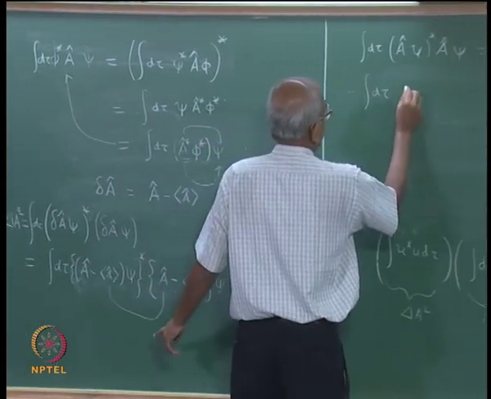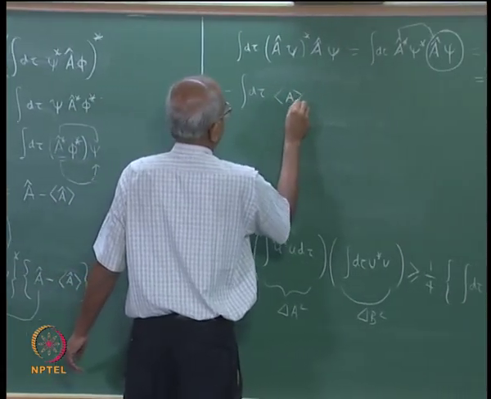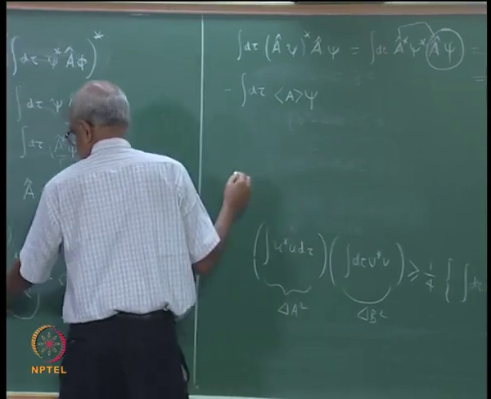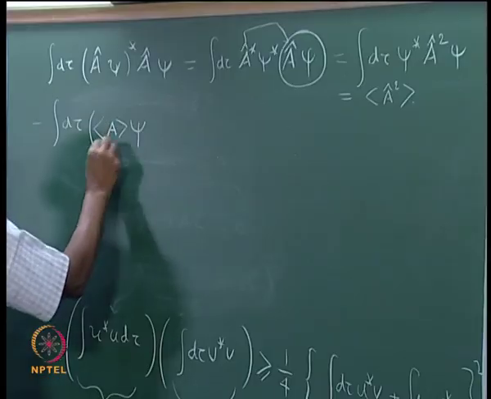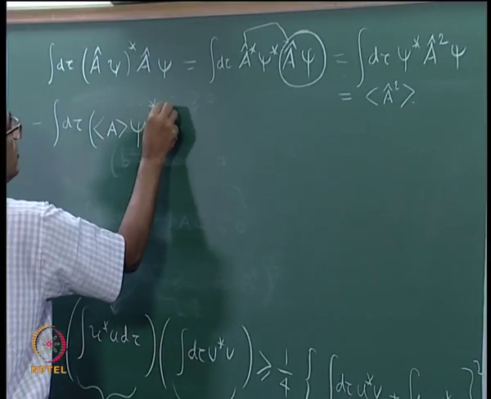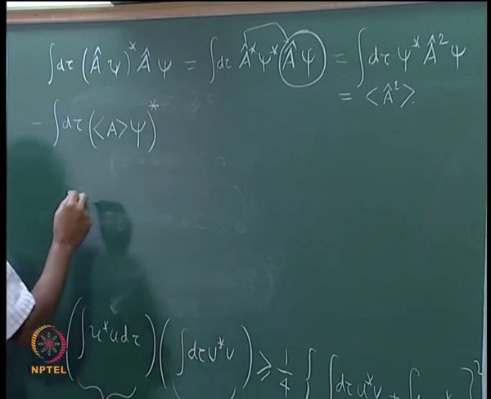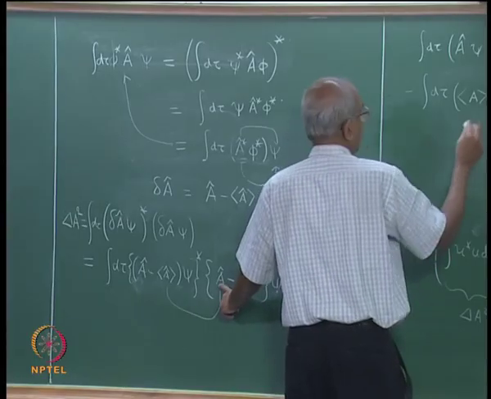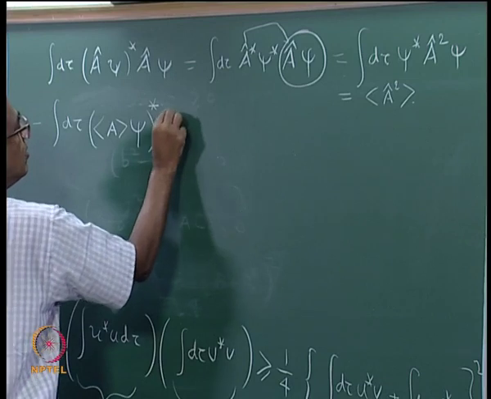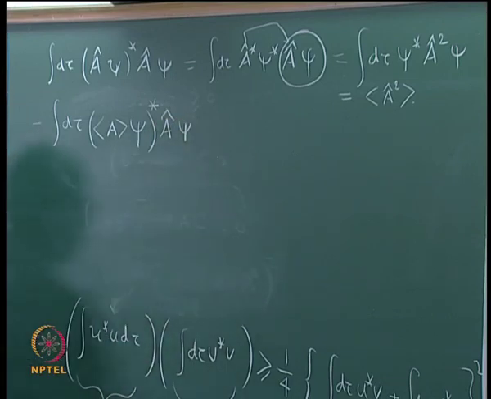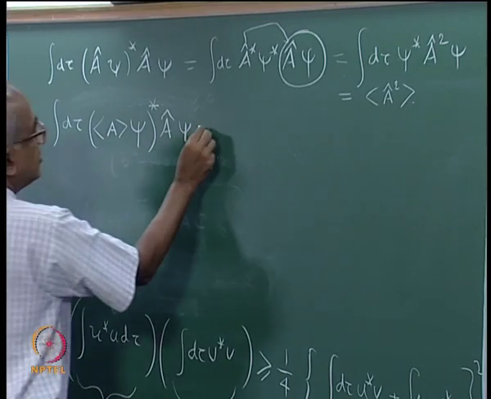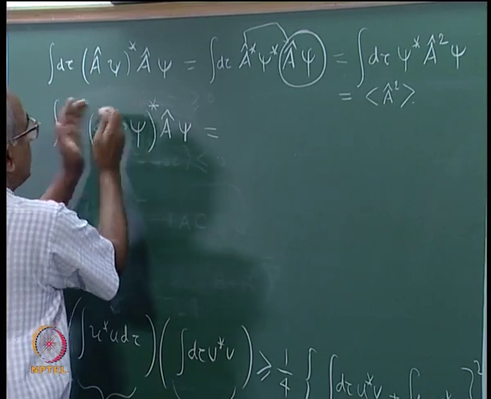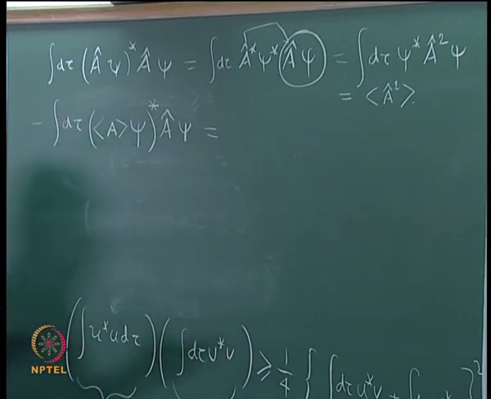What are the terms that you have? Expectation value of A into psi, expectation value of A into psi, you have to take its complex conjugate and then you will have A psi, right. This is one of the next term, correct. And what is going to happen is expectation value of A is just a number, right.